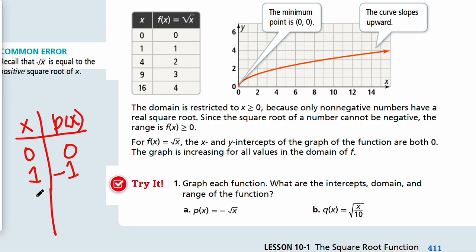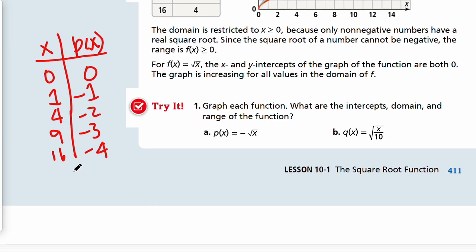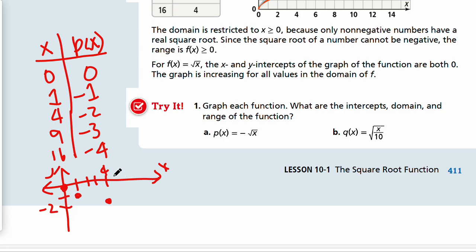So the domain is still the same, but the output becomes all negative. So we have all of these points. In the graph, you'll have the x-axis and the y-axis, with points (0, 0), (1, -1), (4, -2), (9, -3), and so on. Then you have a curve like that.